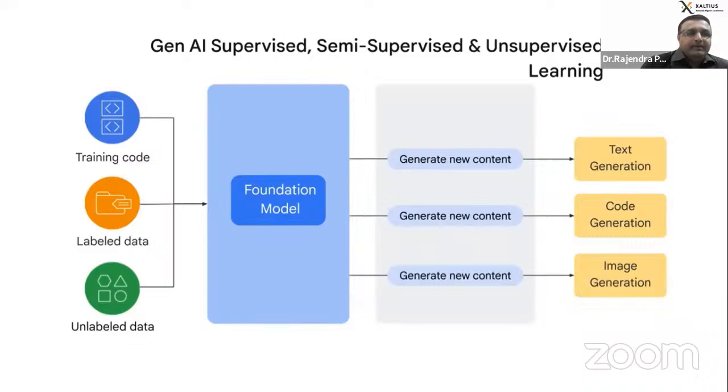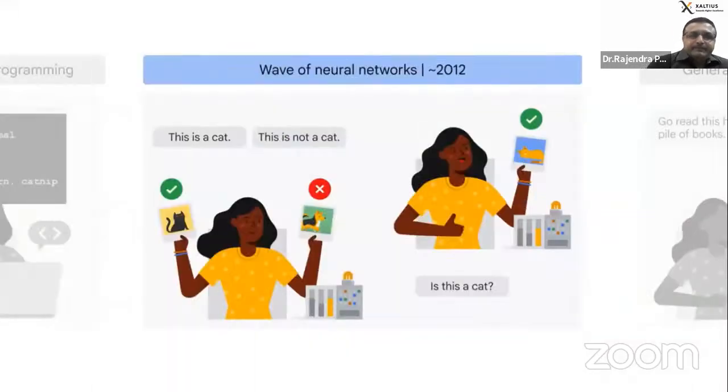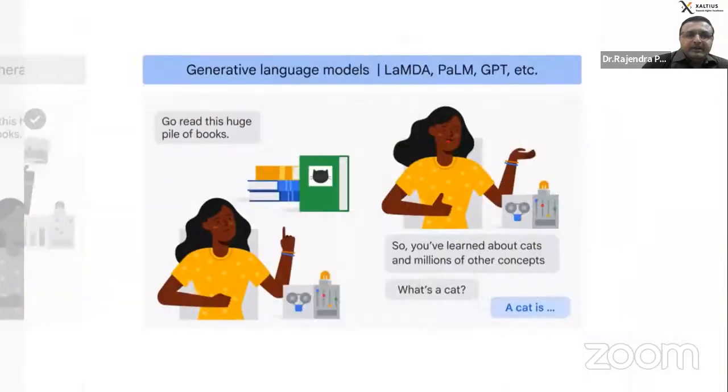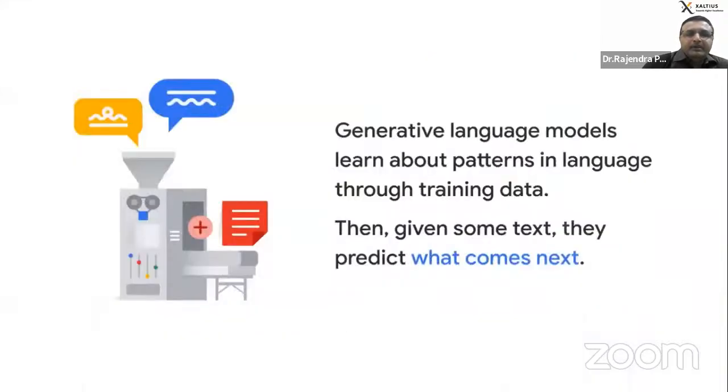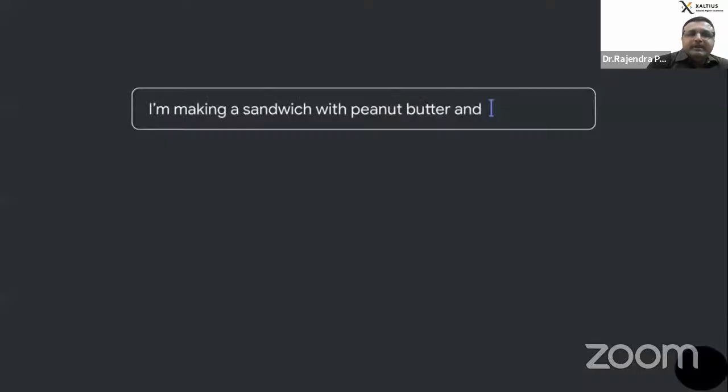Now, moving further, you are asking these models to understand. Can you predict, like, I'm making a sandwich with peanut butter and, now what is the possible thing? Peanut butter and, can you guess? Yes, bread, of course.